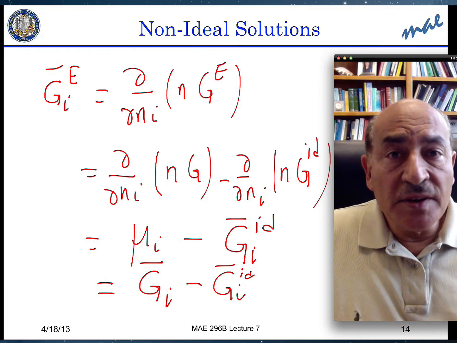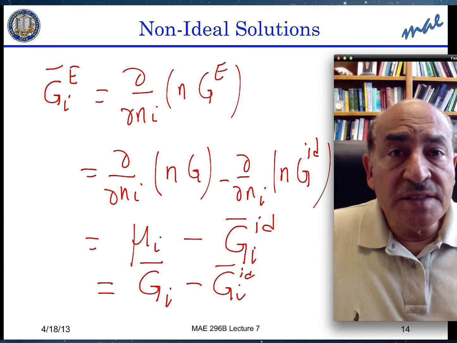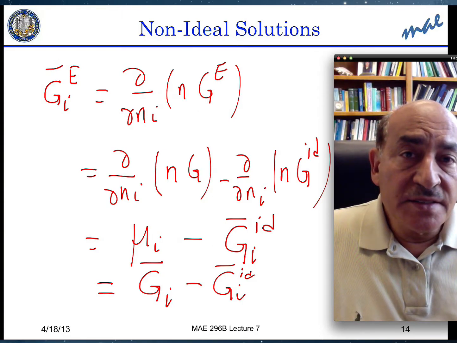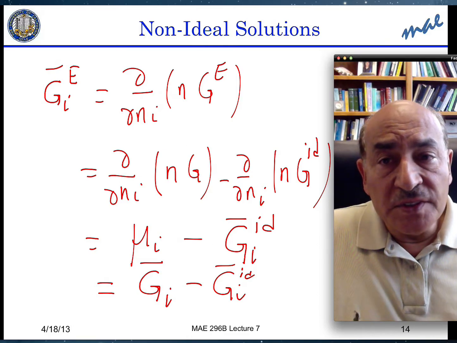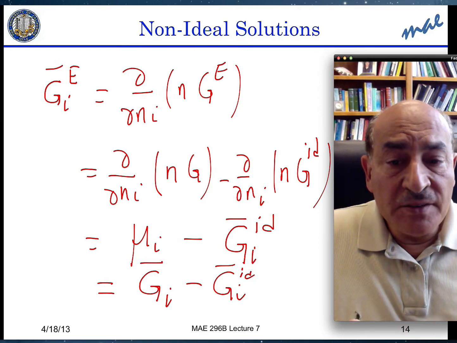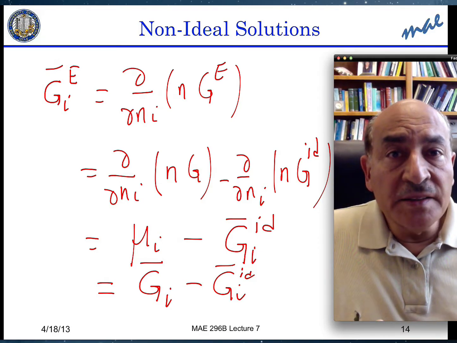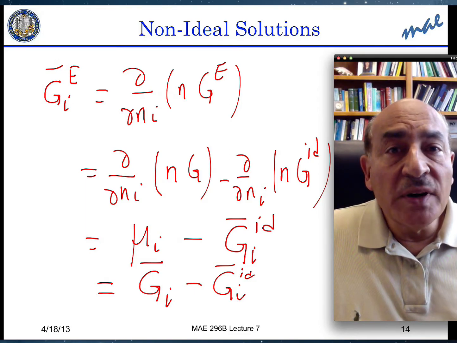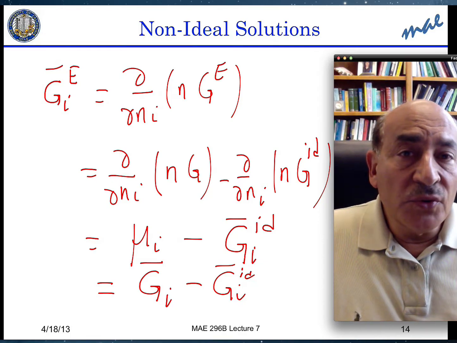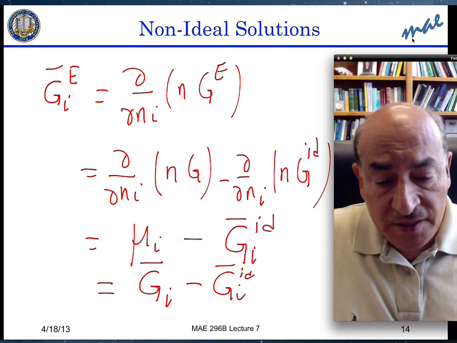One of them is a reference state and one of them is a current state, and we'll do that for the ideal system and also for the real system. The differences that we get, we plug back in here and define the activity in a way similar to how we defined the fugacity coefficient before for gas systems. So let's do that right here.